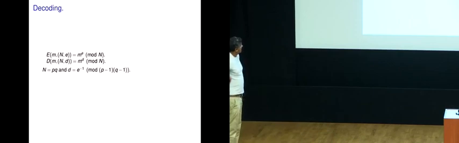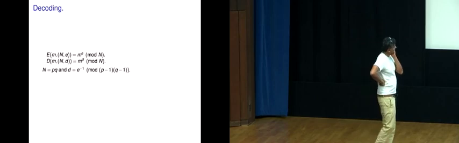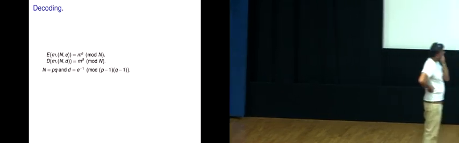N is the product of two primes, and D and E have this relationship: D is a multiplicative inverse of E mod P minus 1 times Q minus 1.